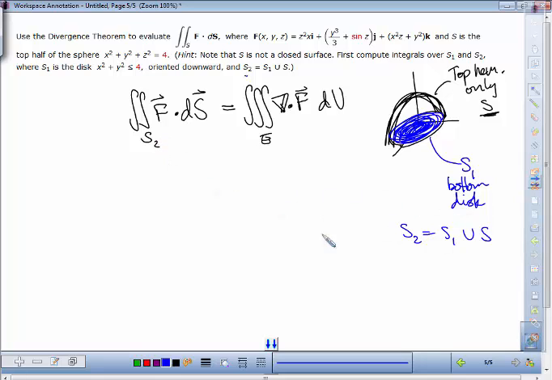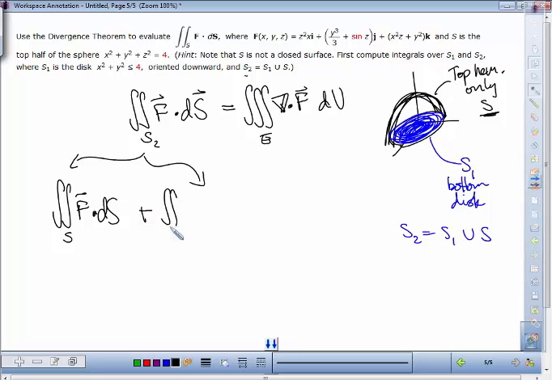So S2 is going to equal two flux integrals. One of them is the flux integral of S, that's the top half, plus the flux integral of S1, that's the bottom disk. And this is supposed to be equal to the triple integral.